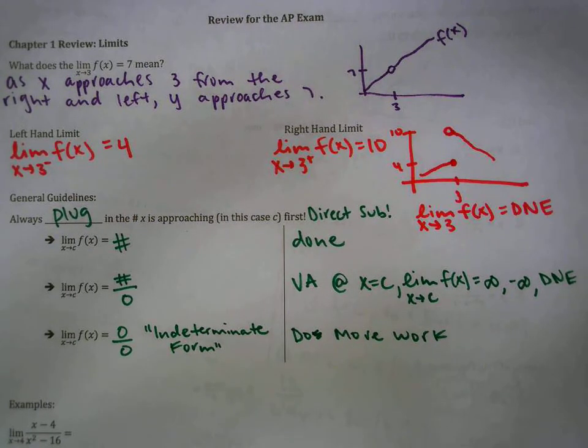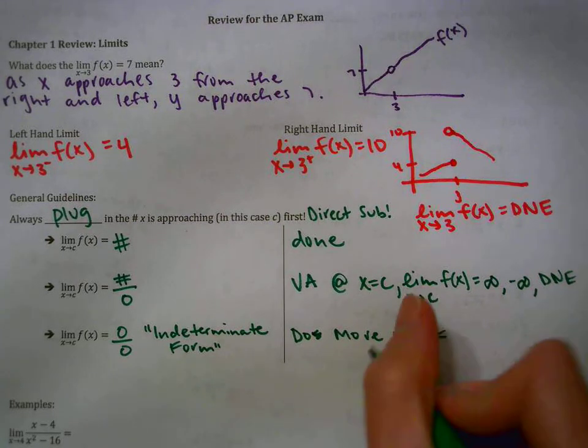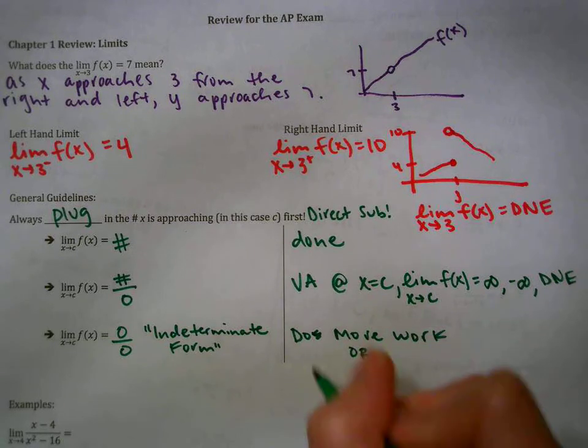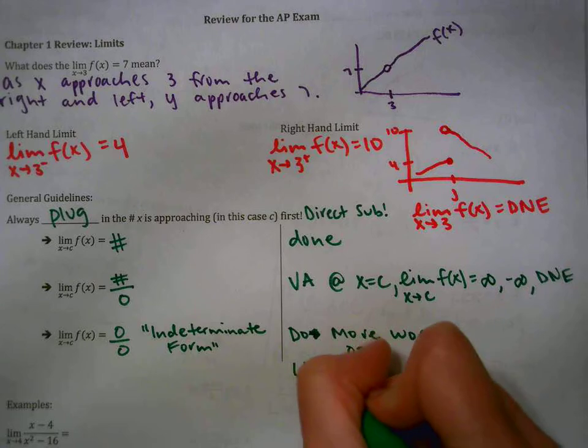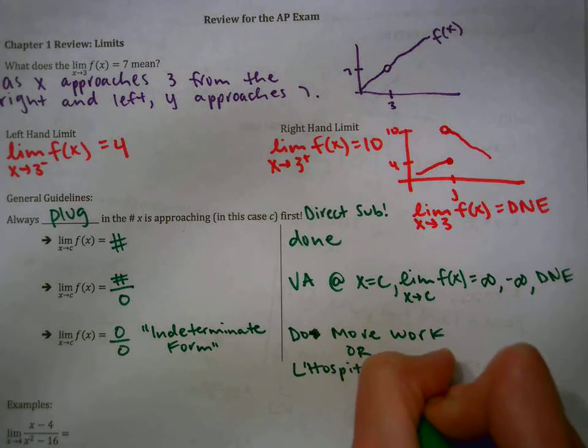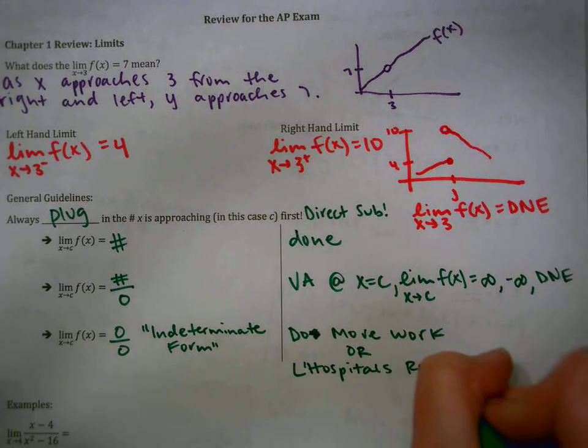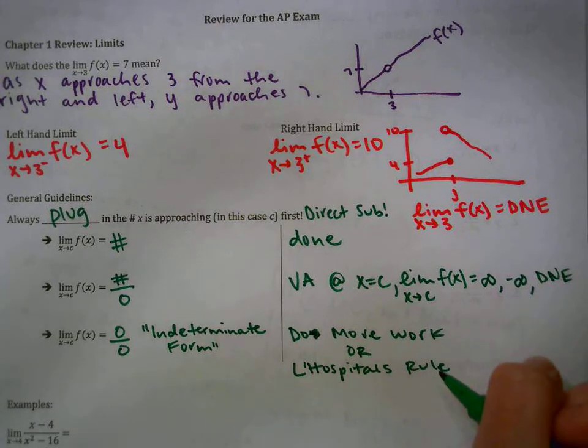That could be factoring or multiplying by a conjugate, or you could be doing long division. And you could go back and look at your examples in your chapter 1 notes. Or if you don't know what more work to do, in chapter 5 we learned L'Hopital's rule. So if you're not sure what more work to do, I would go ahead and just do L'Hopital's rule.